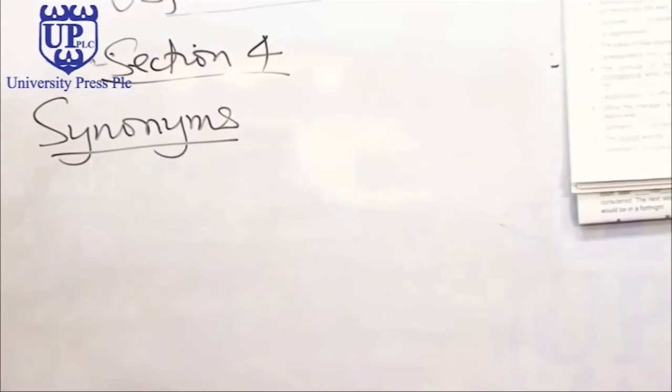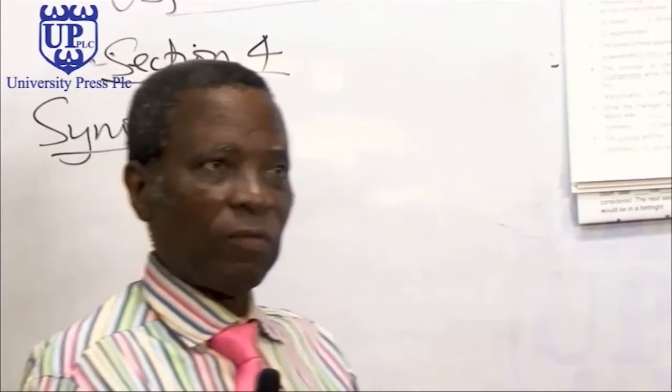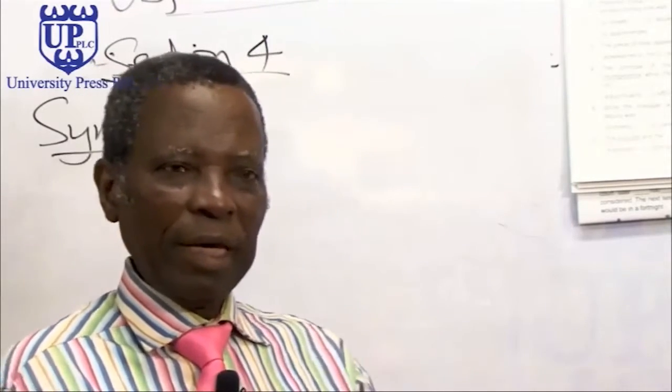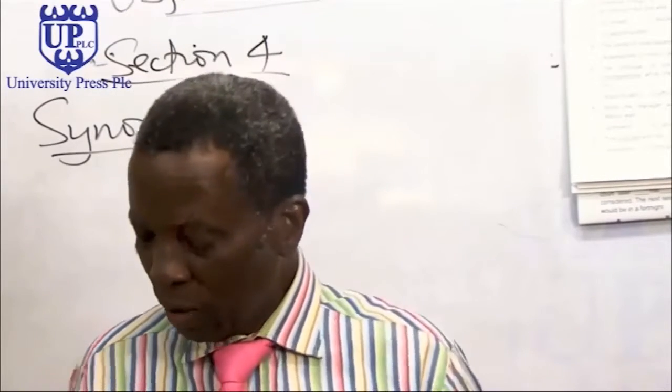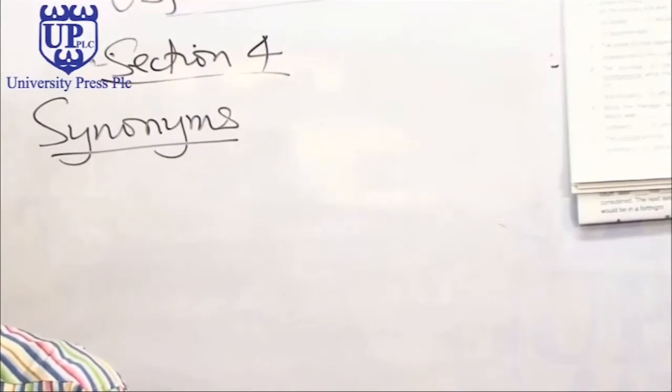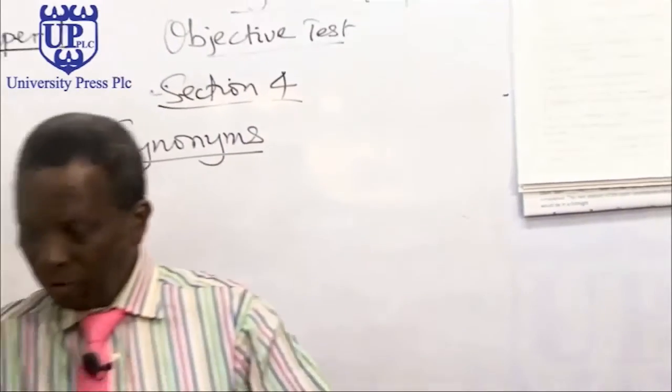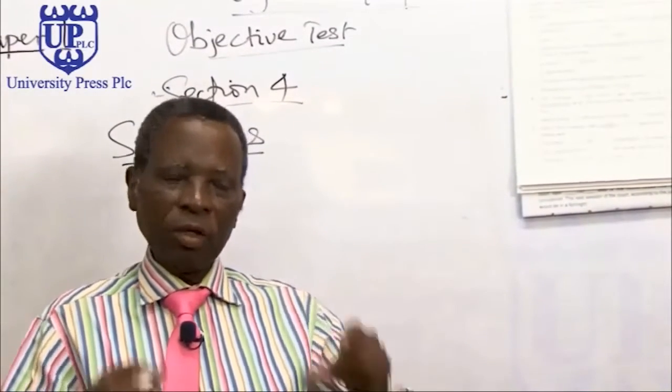Words that are very near in the meaning. And you remember we did say that in terms of words, words have a meaning according to the context. So you give the meaning of the word according to the context when you are dealing with synonyms, because the meaning is determined by the context.